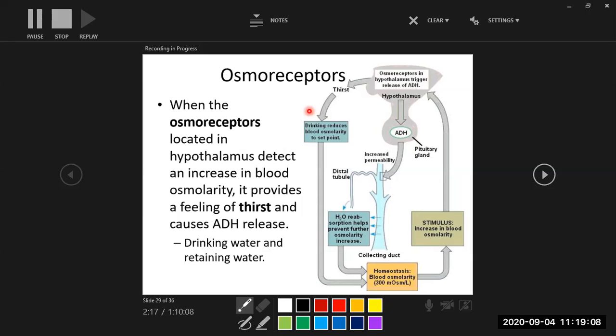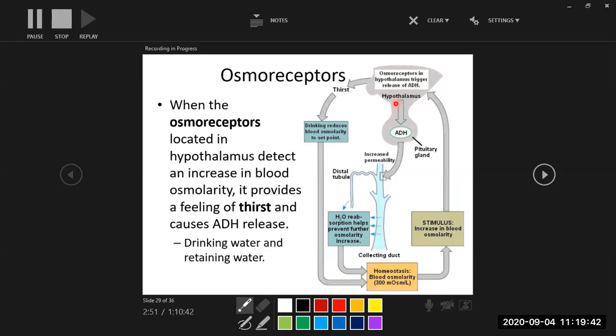They will not reduce the osmolarity in the plasma, in the blood. Ideally, if we drink water, we can correct that hyperosmolarity in the blood. But if we drink alcohol or juice or sugar water, we actually didn't help it.